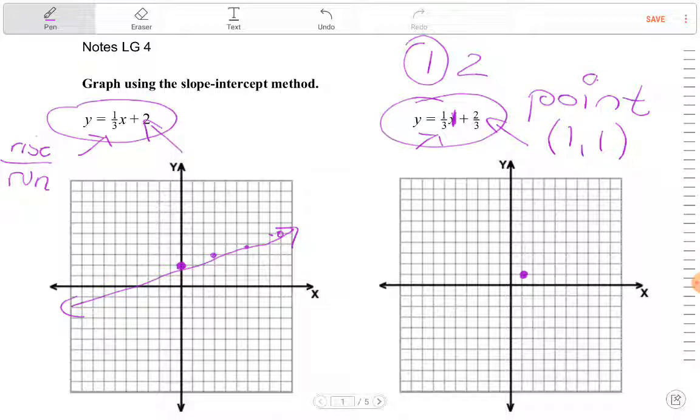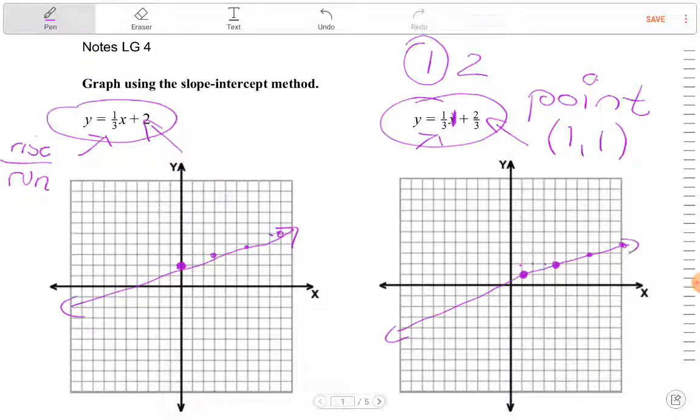And now instead of counting my slope from the y-intercept, I can count my slope from the point that I found. So I'm going to go up 1 and then 1, 2, 3 over, and up 1 and 3 over. And again, I can do this as often as I want until I have a nice straight line. And I'm going to connect it now. You will do this with a ruler.